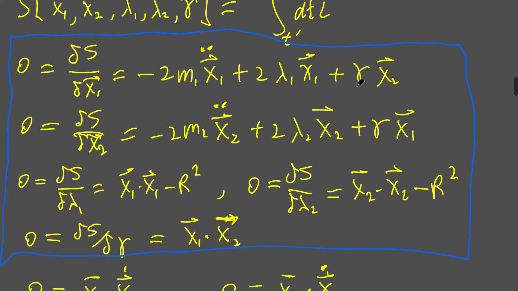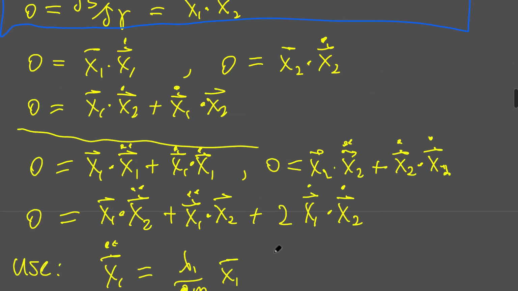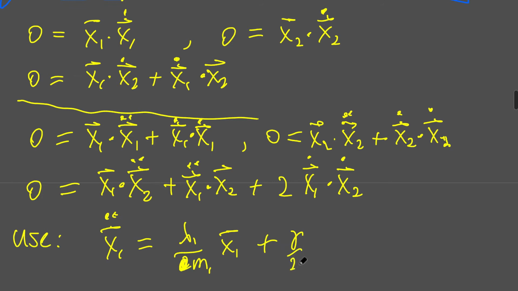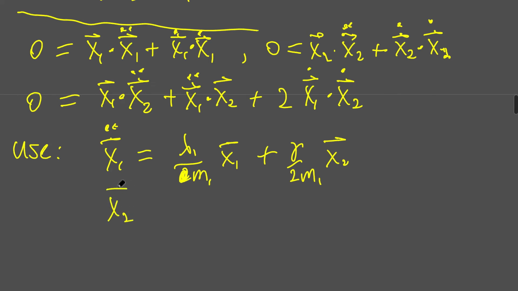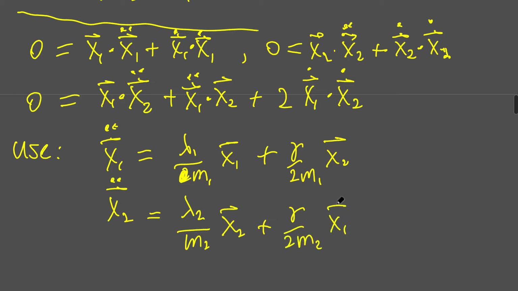And then we have plus gamma divided by 2m1 times x2 vector. And likewise, we have the equation x2 double dot is equal to lambda 2 over m2 times x2 vector plus gamma over 2m2 times x1 vector. So we'll use these two equations to simplify our second time derivative constraint equations.